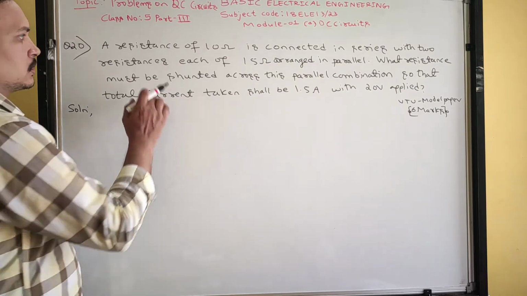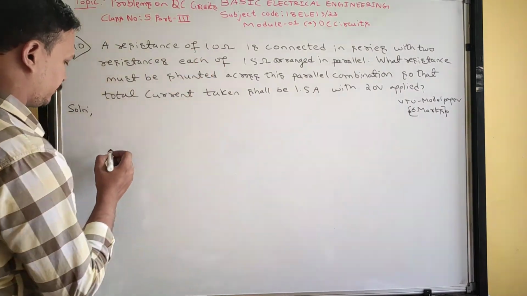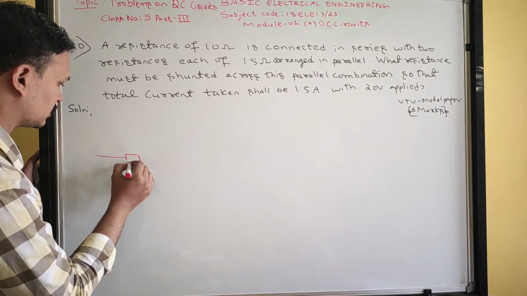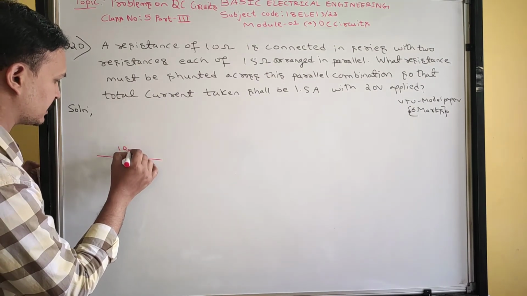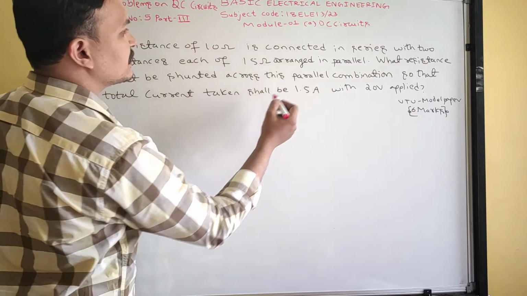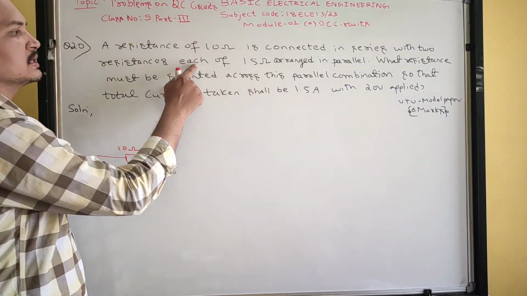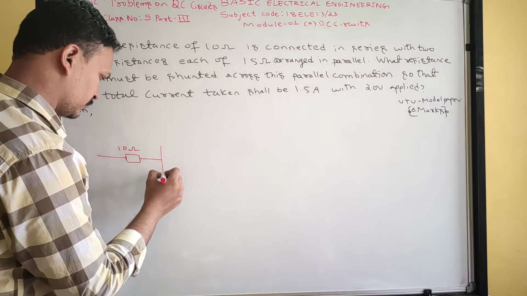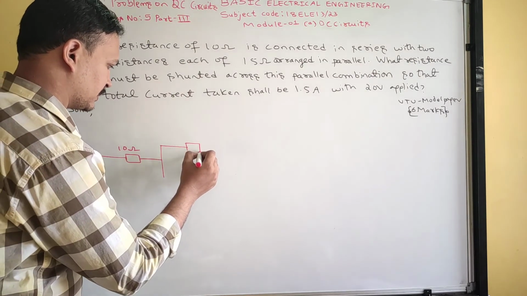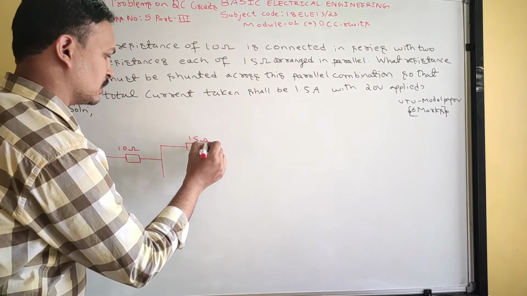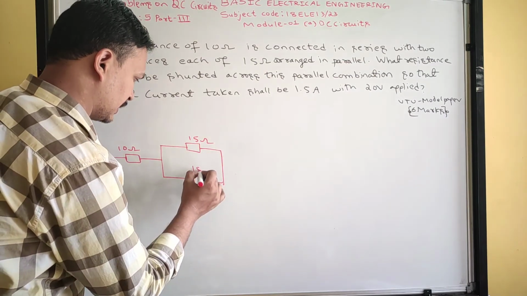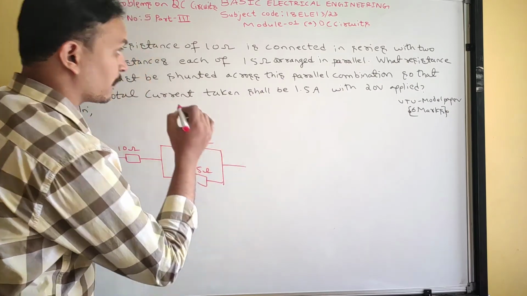So next question. A resistance of 10 ohm is connected in series with two resistors each of 15 ohm arranged in parallel. So two resistances, each of 15 ohm, are arranged in parallel.